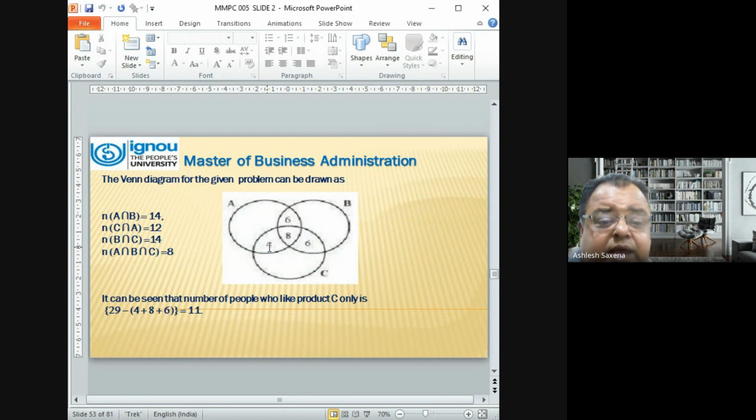So what I will be doing, I will be adding 3 plus 9 plus 5. This comes out to be 17. 29 minus 17. That means this part will be 12. This part over here is 12. When I add all of this, it will be complete C, which is 29. Got it?